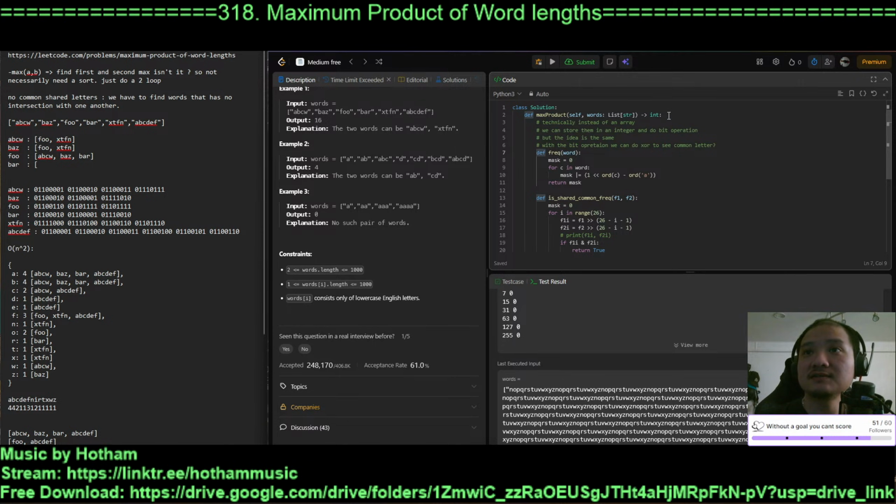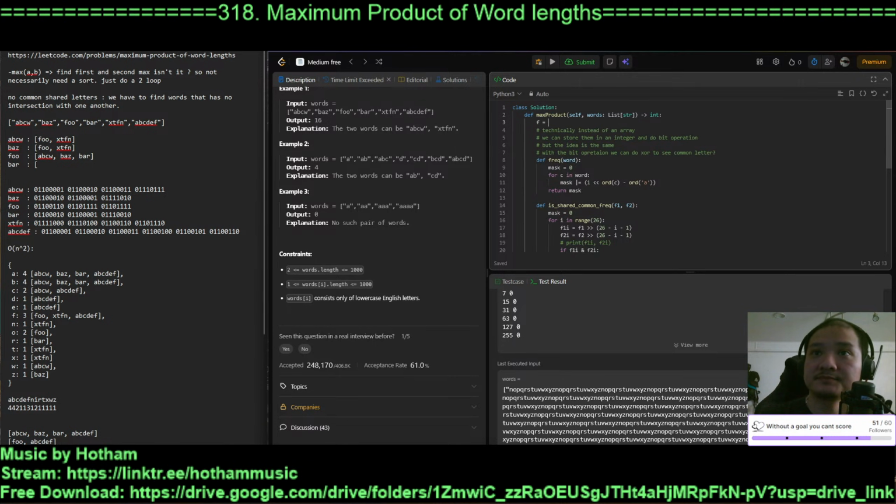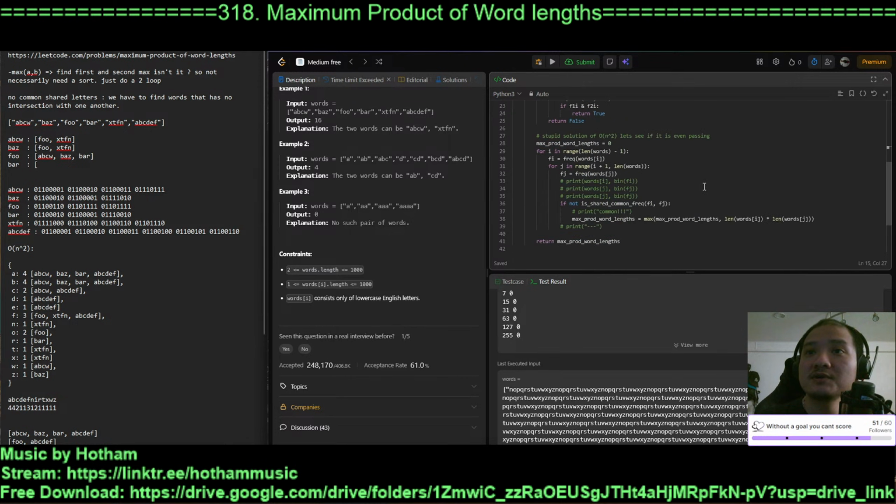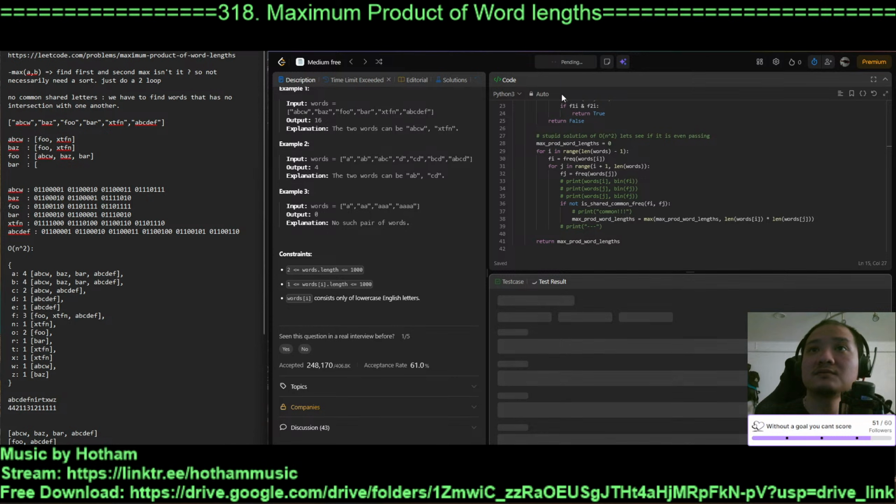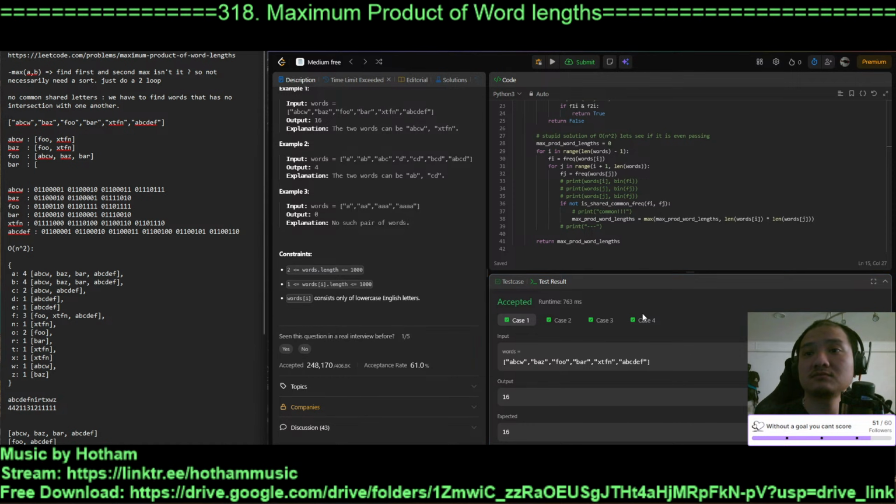Let's do a cache here, right? If word not in F, return F word. Otherwise, F word equal to mask. Finally, return F word. Right. So that way we compute stuff. Oh, wow! Look at that.